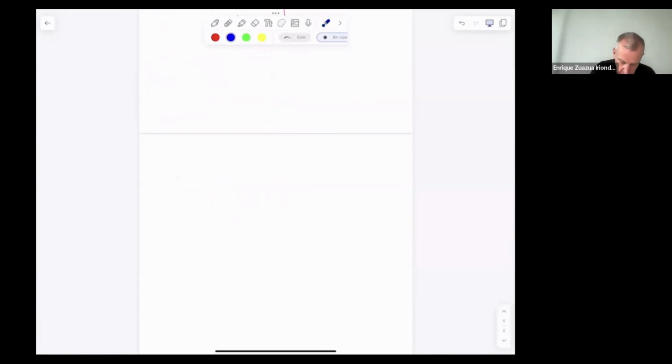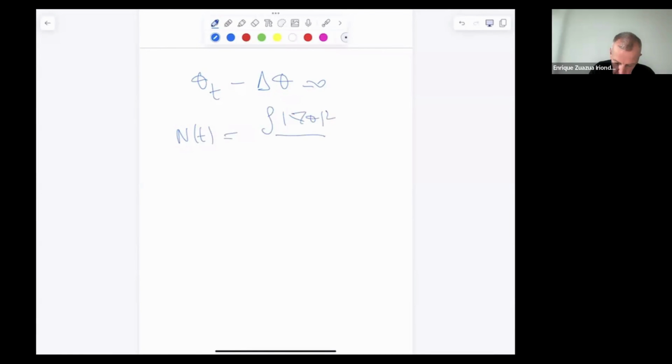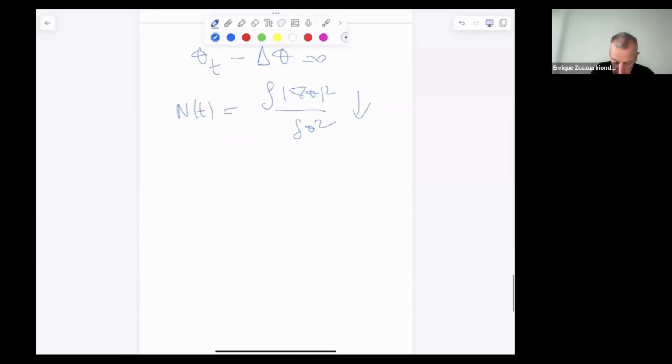So by the way, for the heat equation, it is very easy, right? For the heat equation, I said that the frequency number, which is the integral of gradient theta squared divided by theta squared, decreases. And the reason in this case is very simple, because if I take the time derivative of N(t), what do I get?